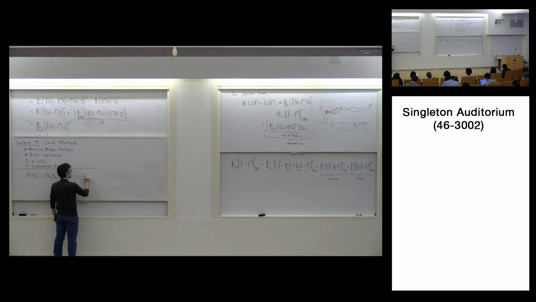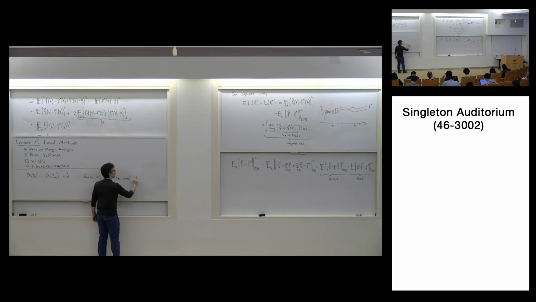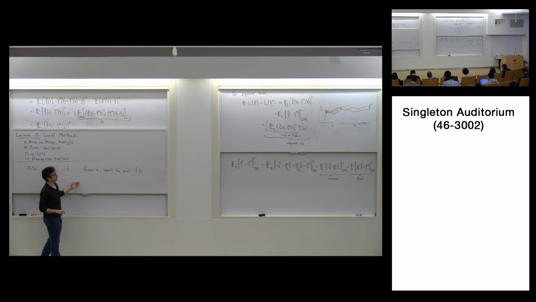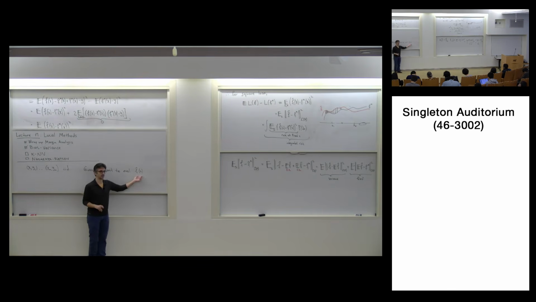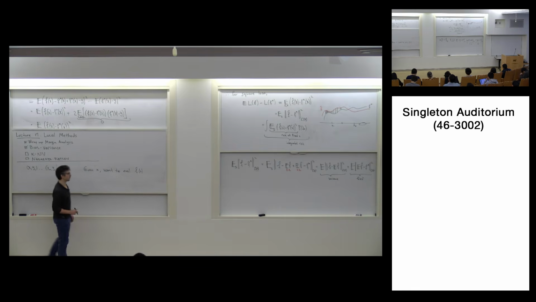Now, given x, I want to evaluate f hat of x, because that's how I'm going to define my f hat. I'm going to give you a procedure that will give out a value on a new point x.